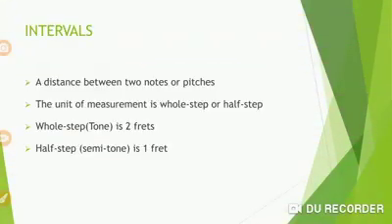And then in music there are what we call intervals. Intervals are simply the distances between two notes or pitches. We can have a distance of C to D, that's called an interval. The unit of measurement of these intervals is a whole step or a half step.